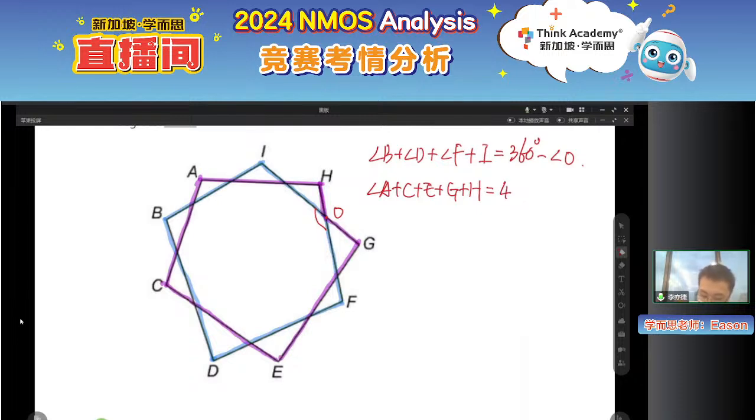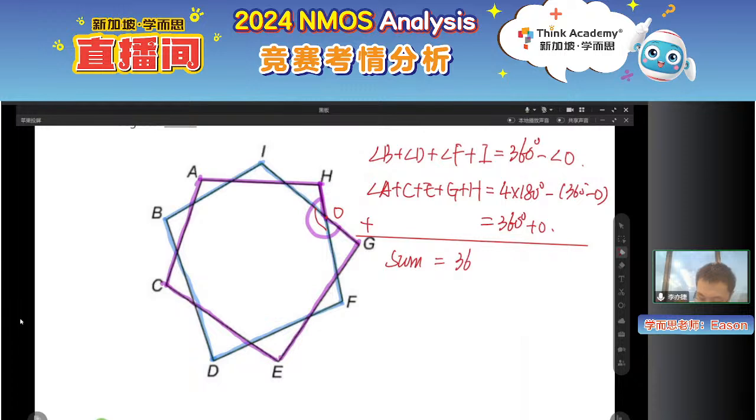So the interior angle sum is 4 times 180, then minus this angle, which is 360 minus O, which is 360 plus O. So now when we add them together, the sum of all equals 360 minus O plus 360 plus O, so it becomes 720. So this is the basic way we use the interior angle to calculate, method 1.